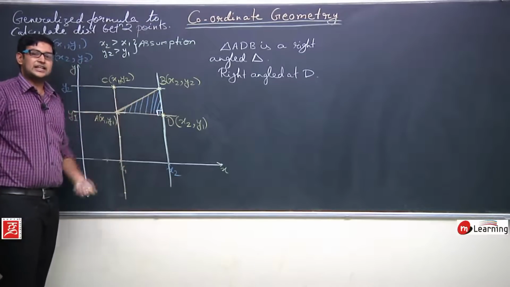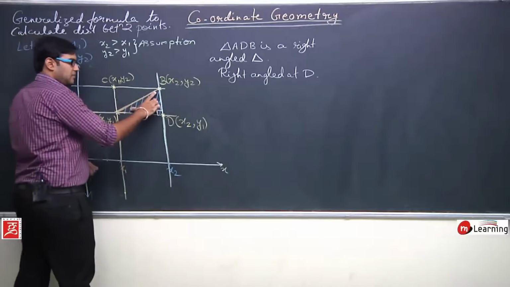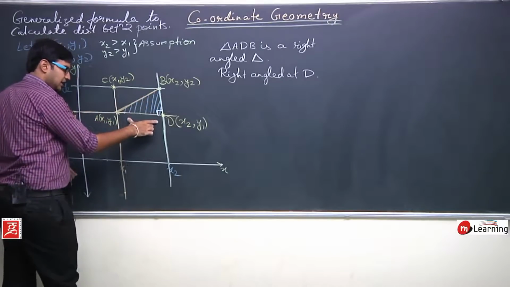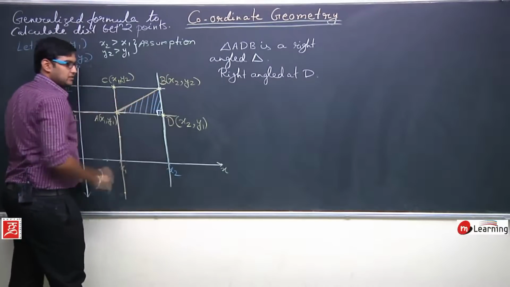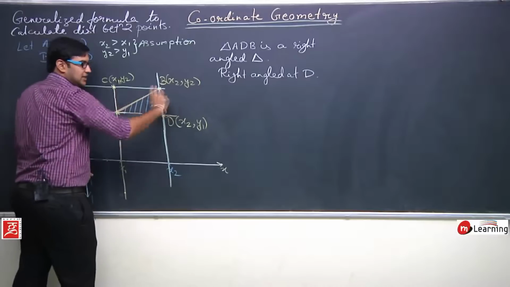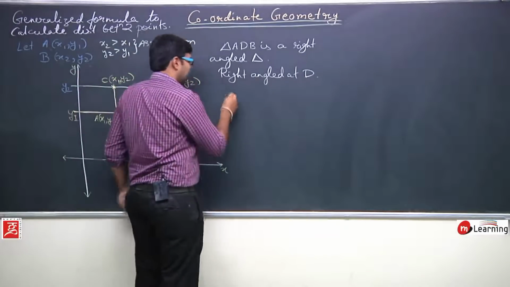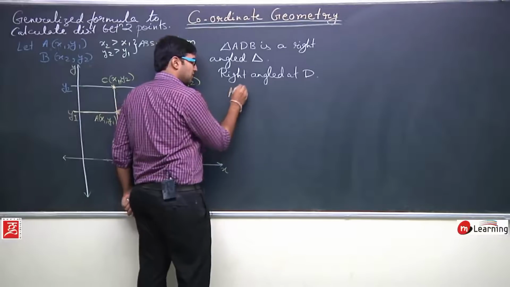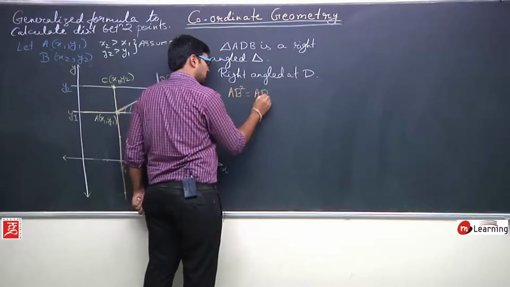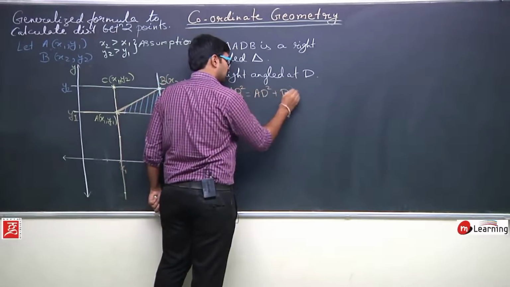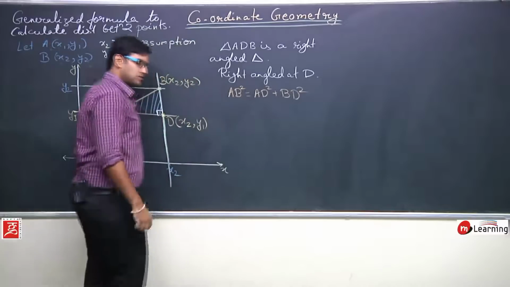So if this angle is 90 degree, then this AB is the hypotenuse, this is AD and this is BD. This AD is base and this BD is perpendicular. So for this triangle I can write that AB square is equals to AD square plus BD square.